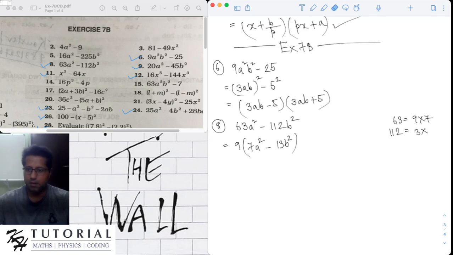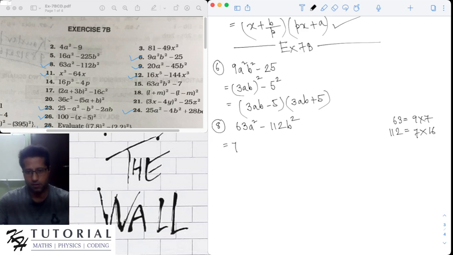I'm sorry. Is it divisible by 7? Yes, it is divisible by 7. So 112 is 7 multiplied by 16. Okay. So I can see there is a common factor of 7 in the numbers 63 and 112.